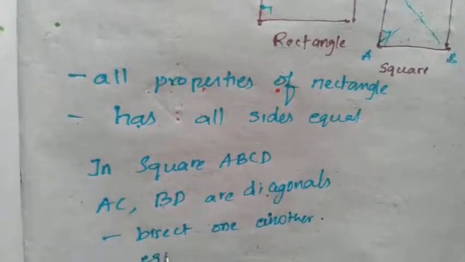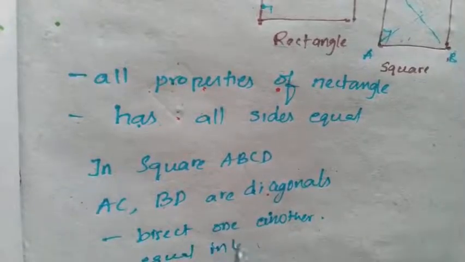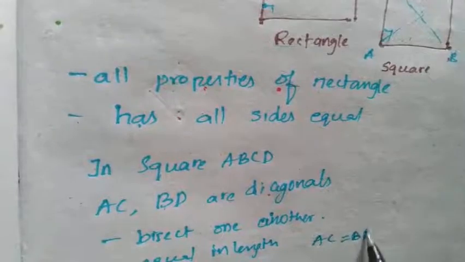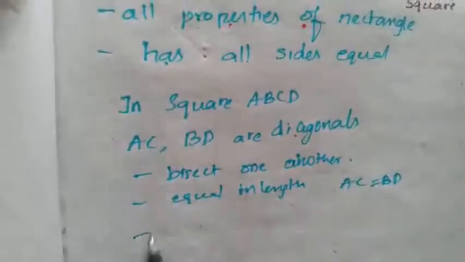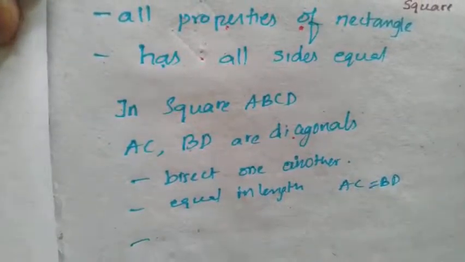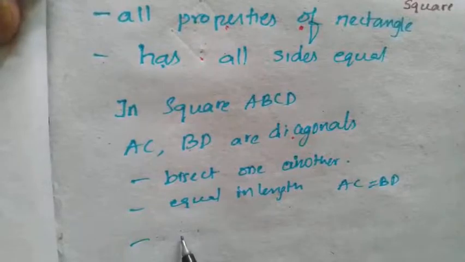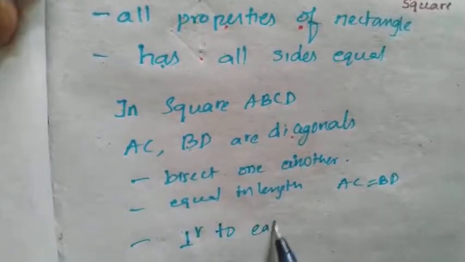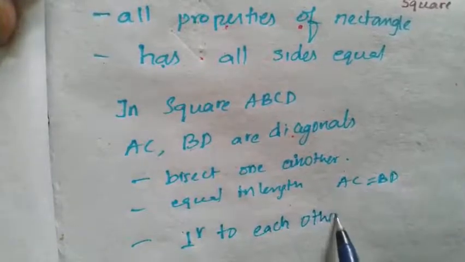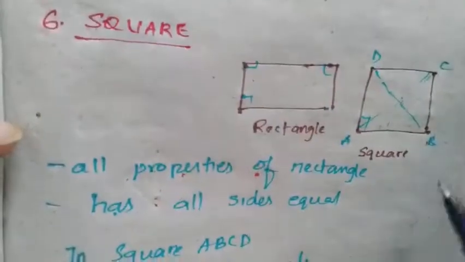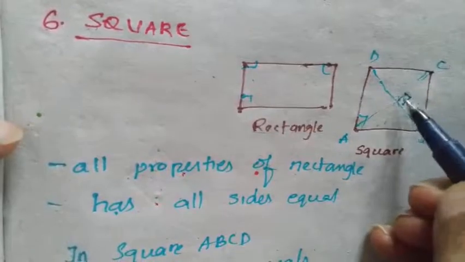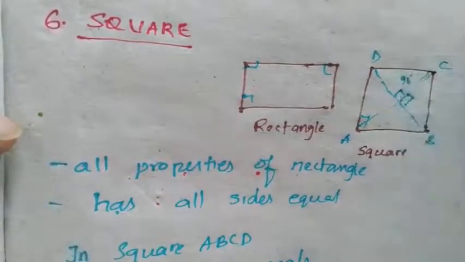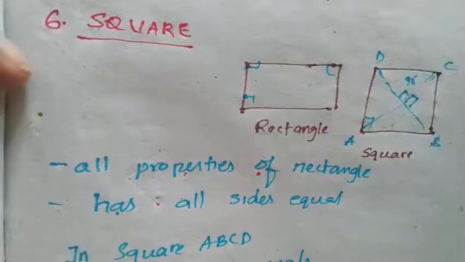They are equal in length. That means AC is equal to BD. And in addition to this, one more extra property is that they are perpendicular to each other. What is the meaning of being perpendicular? They bisect each other at 90 degrees. Okay, so these are the properties of a square.